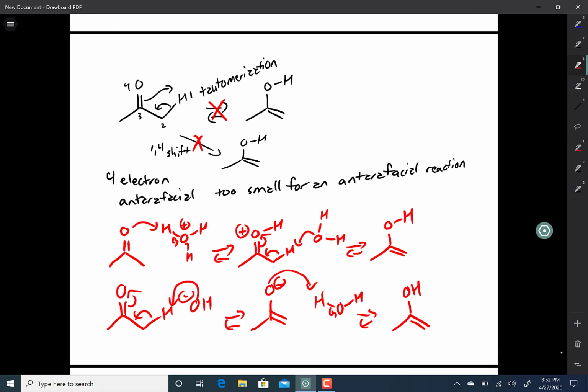But it's 2 steps, not concerted. Because if it was concerted, it would be antarafacial, and that's too small to do an antarafacial reaction.